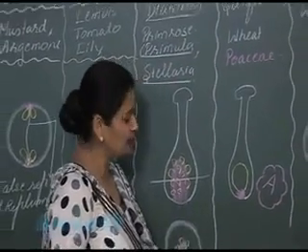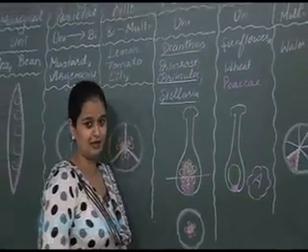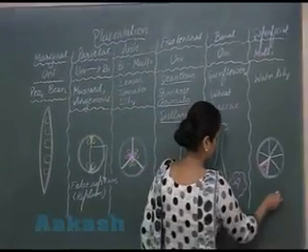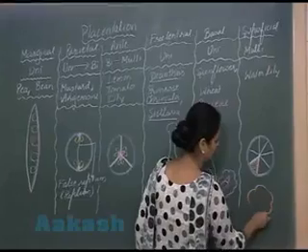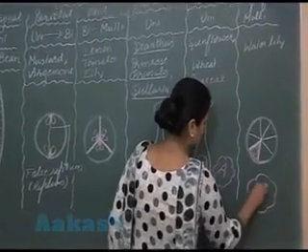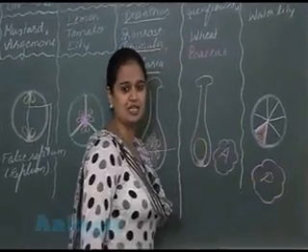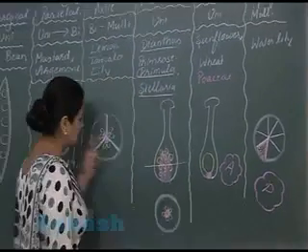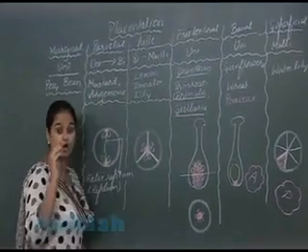Now can you tell me which is the most primitive one? Primitive one means now the large number of the ovules. So the large number of ovules, they are associated with the superficial placentation. So this is the most primitive one. Now amongst these, which is the most common?